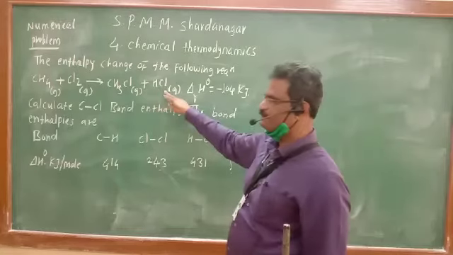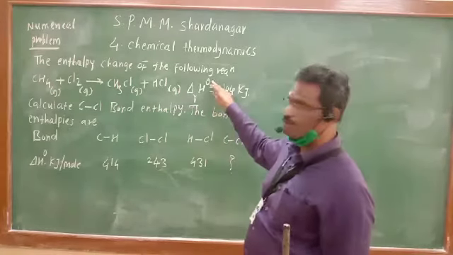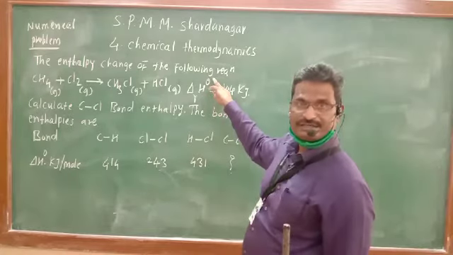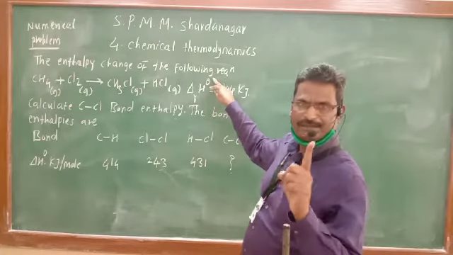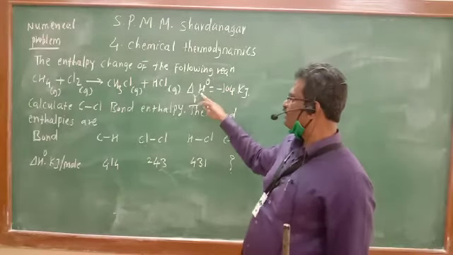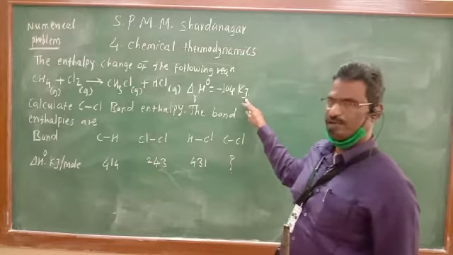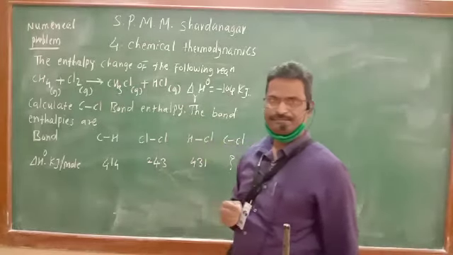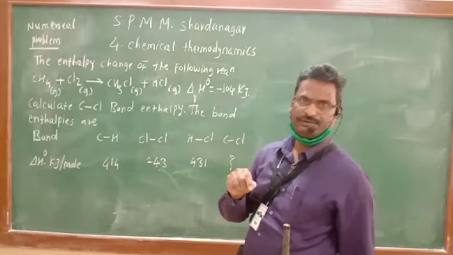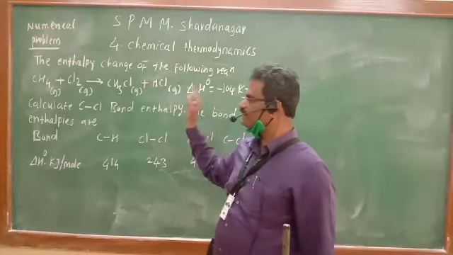For this reaction, enthalpy of the reaction under standard conditions, the 0 indicates standard conditions, 1 bar pressure and 298 Kelvin temperature. The enthalpy of reaction is minus 104 kilojoule. Delta H is negative, so forward reaction is exothermic.